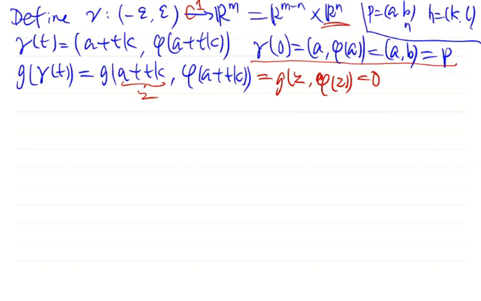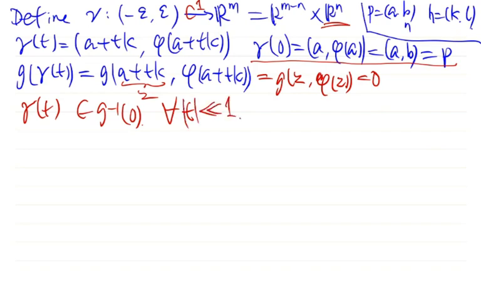Okay. So this means the image of gamma lies in the set, gamma t belongs to the inverse image of 0, for any t small. Okay, maybe not epsilon. The range of t may be smaller than epsilon.